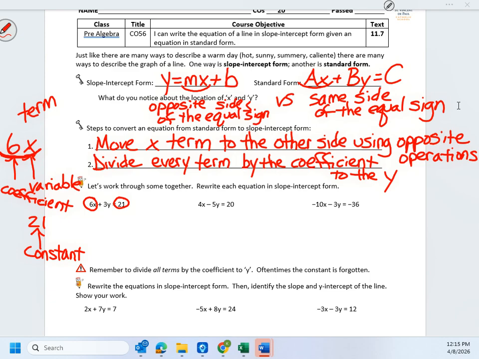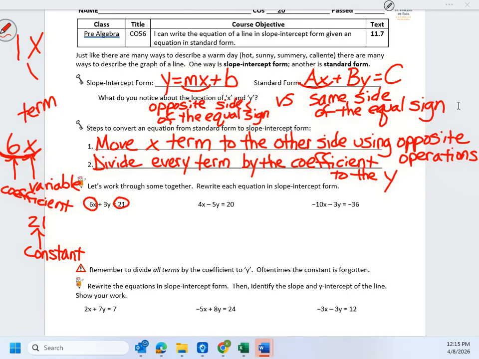What happens when we have, I don't see one on this page, but if we just have the x, what is the coefficient? Oh, 1. Yeah, there's a 1 in front of it. We just don't see it. But every variable will have a coefficient.